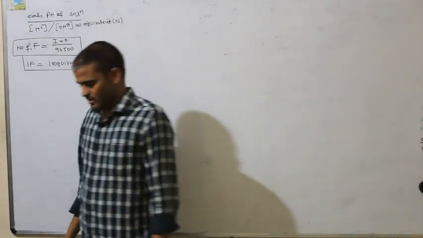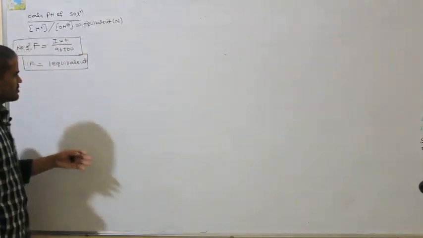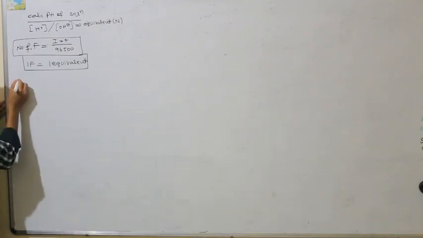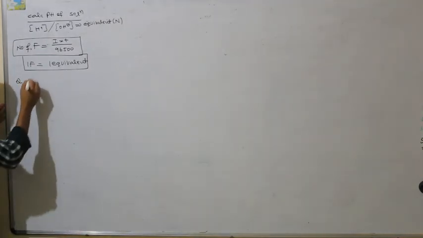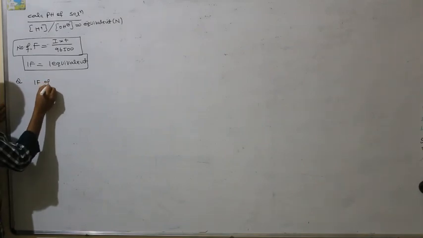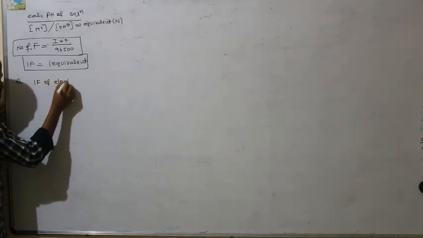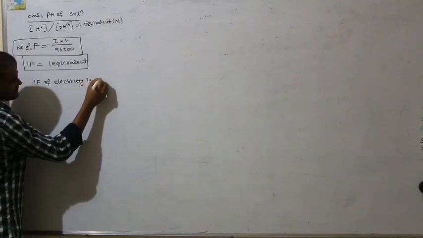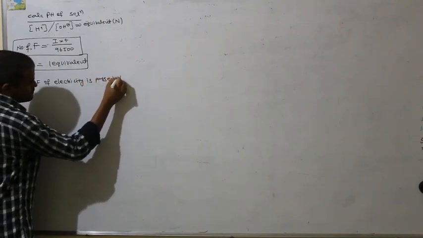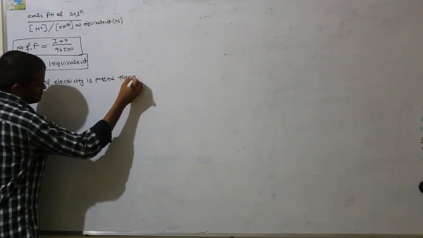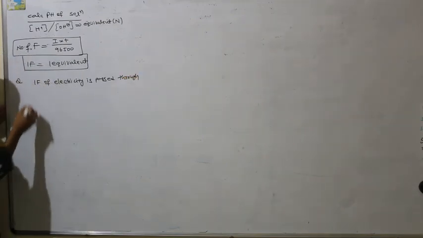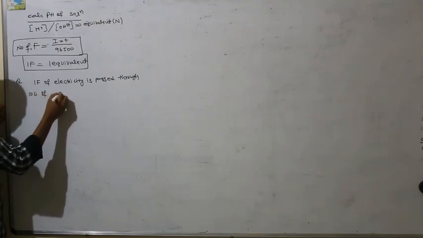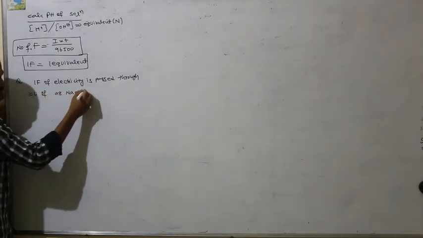Okay. So how will the question be asked and how to proceed from this? One simple question: 1 Faraday of electricity is passed through 10 liter of aqueous sodium chloride solution.